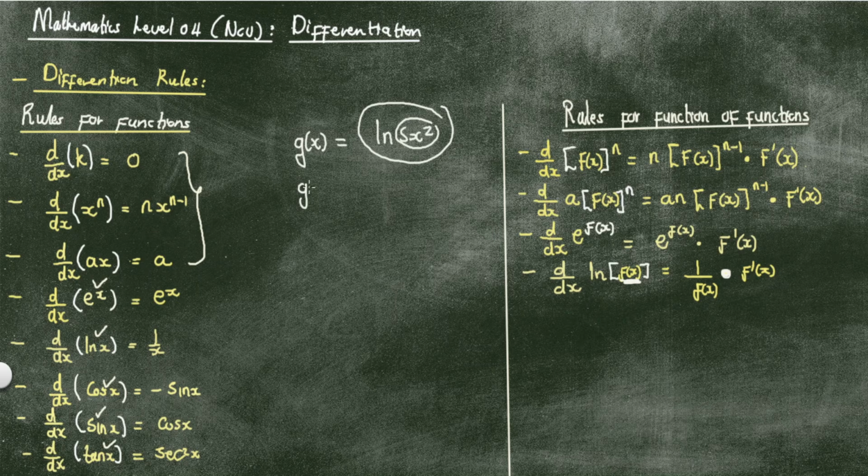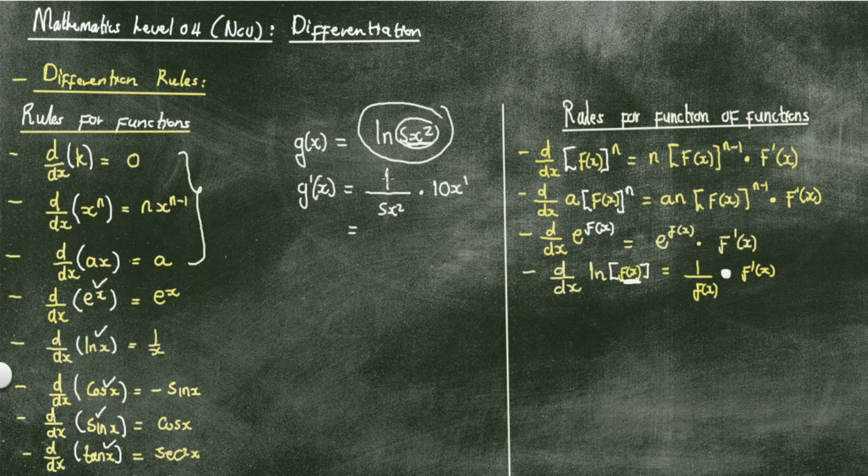To get the derivative, we would have to apply the rules of a function of a function. So this is going to be 1 over 5x squared multiplied by the derivative of 5x squared. So this is going to be 10x raised to exponent 1.